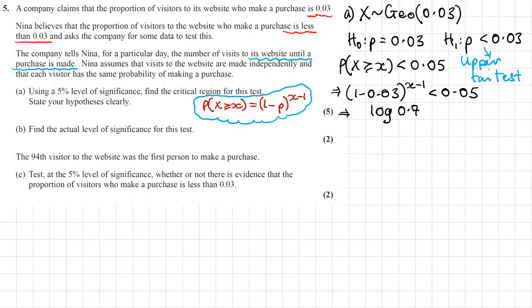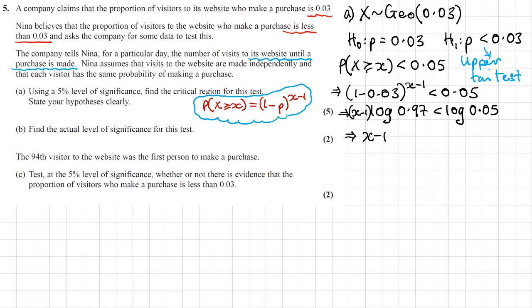Now what's going to happen is that will be to the power x minus 1, but then we can bring that power to the front. So x minus 1 times log 0.97 is less than log 0.05, and we'll use log base 10. You can use any base actually.